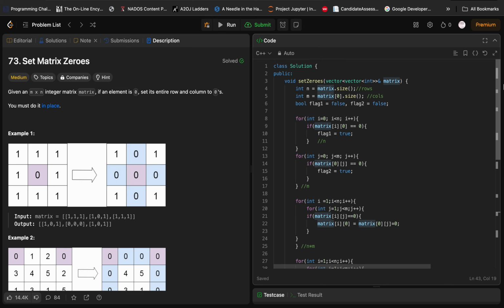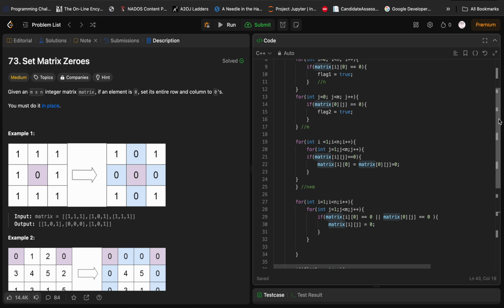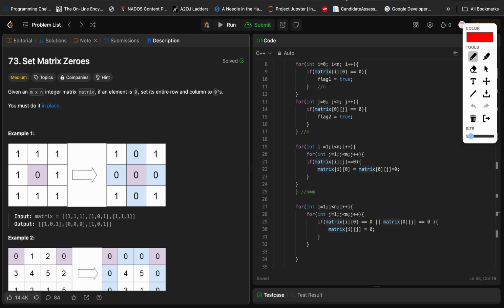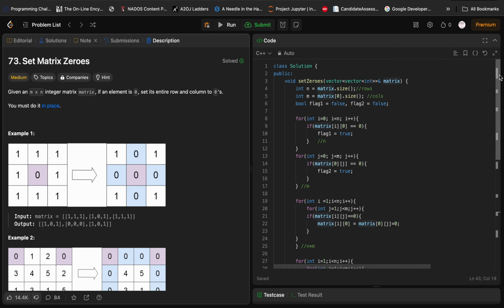So the overall space complexity would be constant space, O of 1. It would be an O of 1 space complexity solution. Now the time complexity.